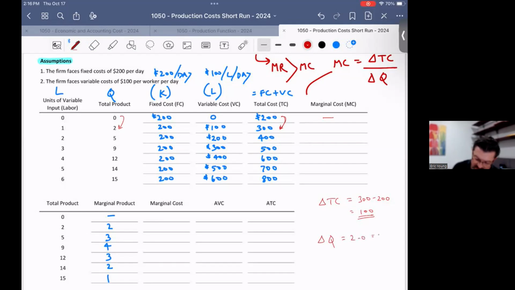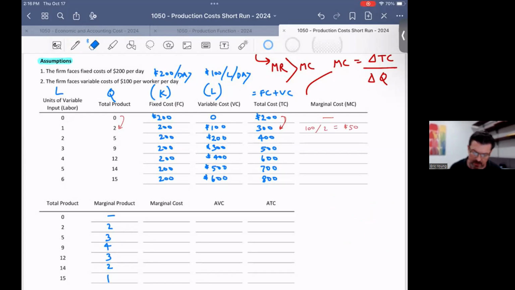That's 2 minus 0 equals 2. And therefore, since marginal cost is delta TC over delta Q, it's going to be 100 divided by 2, or $50. Let's repeat this a few times together.